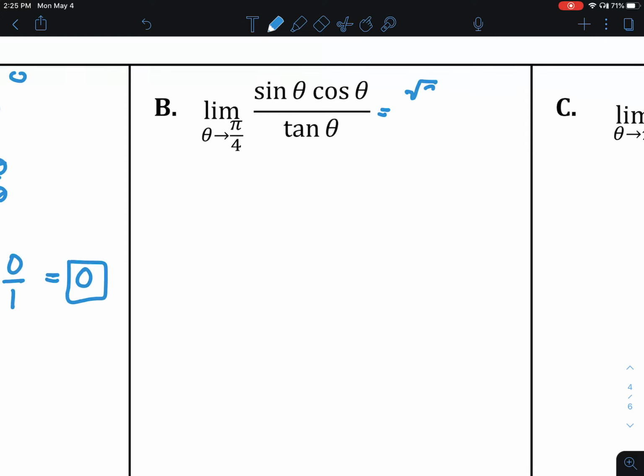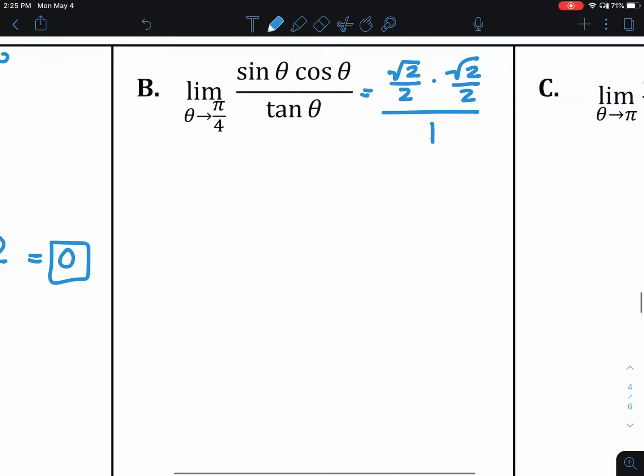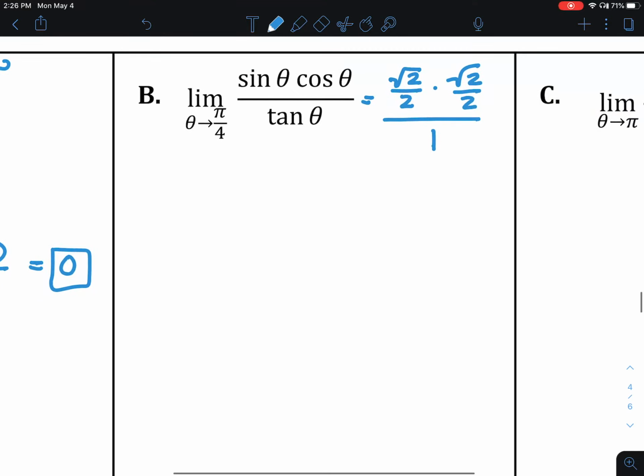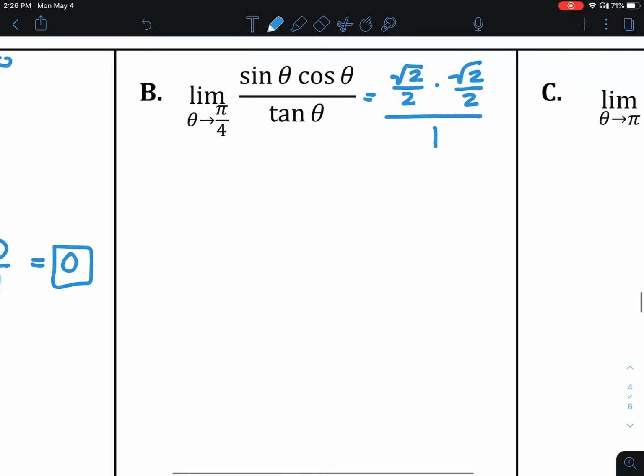I've got root 2 over 2 times root 2 over 2 over 1. Everybody's pretty positive here. So then we have the square root of 2 times the square root of 2 over 4. So I believe this answer is 1/2.